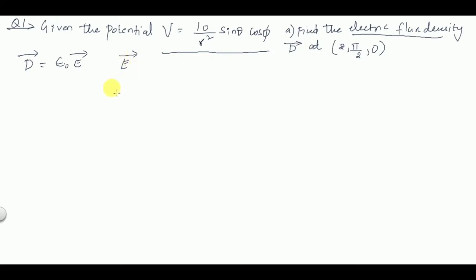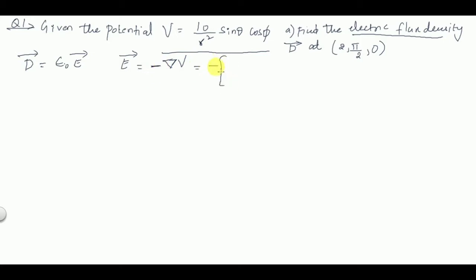We know the relationship between E bar and V, which is E bar equals minus del V. Since it is a spherical coordinate system, how can we write this?